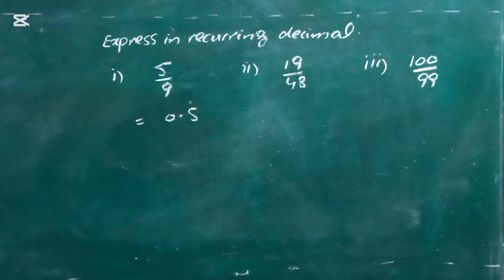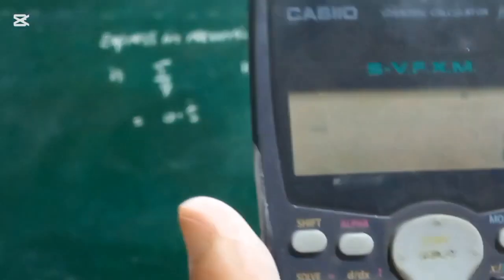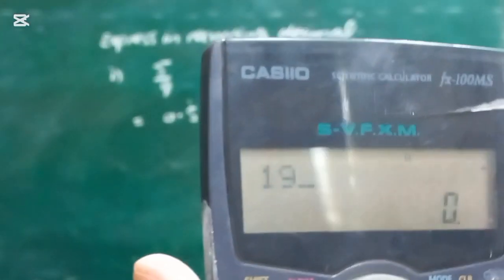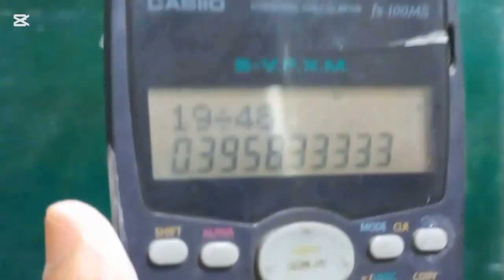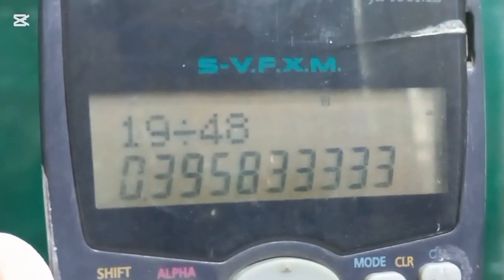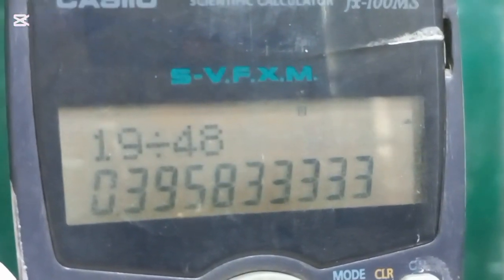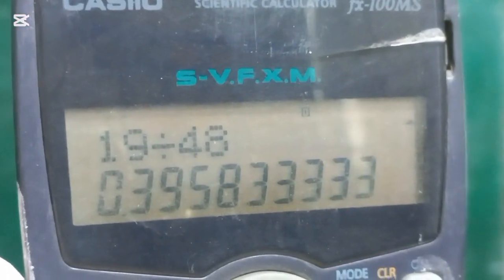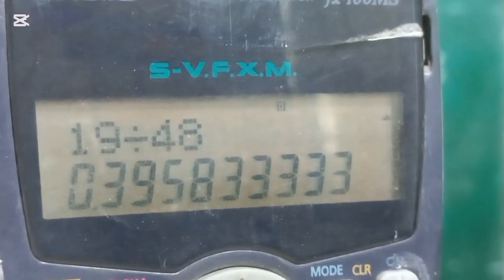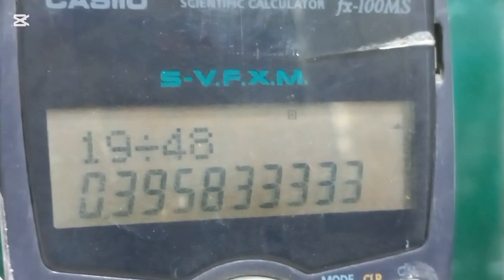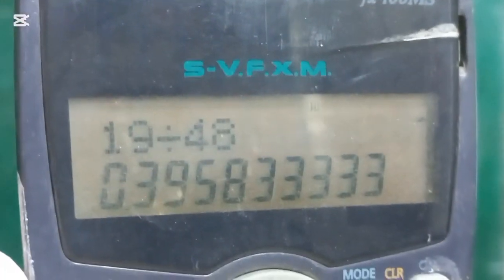that is 19 by 48. So look now, 19 by 48. So the answer is 0.39583333. If you can see, the first digits are not repeating, that is 0.3958, up to this not repeating, but after that 3333.